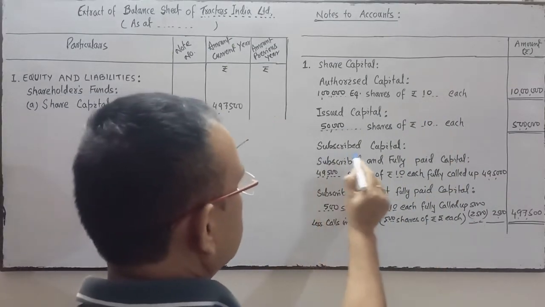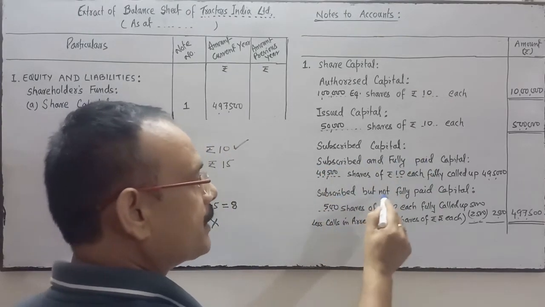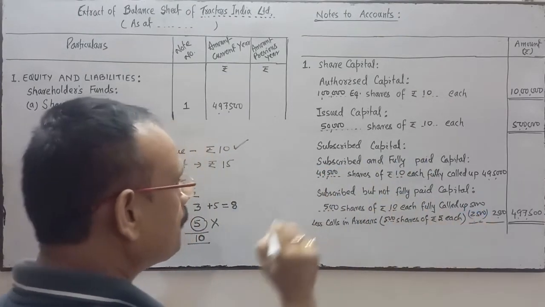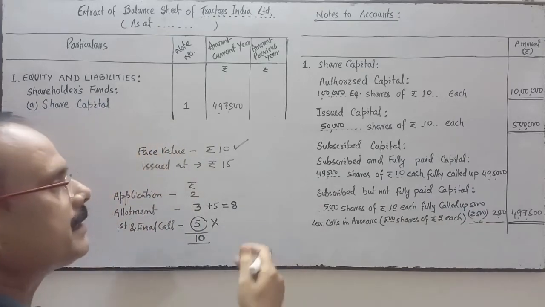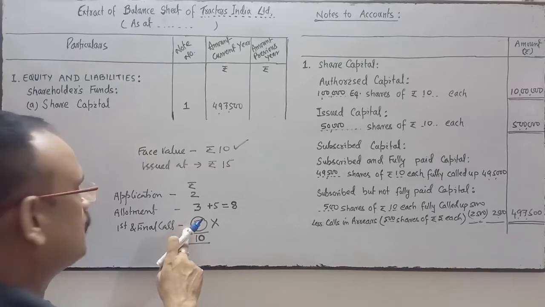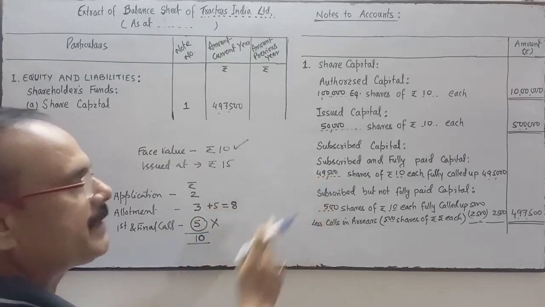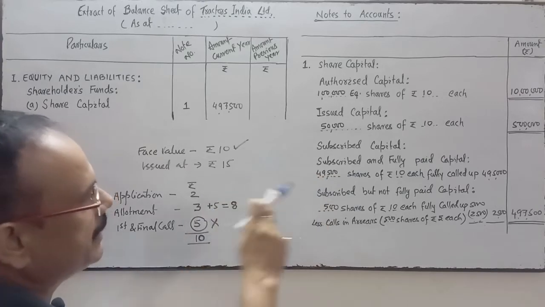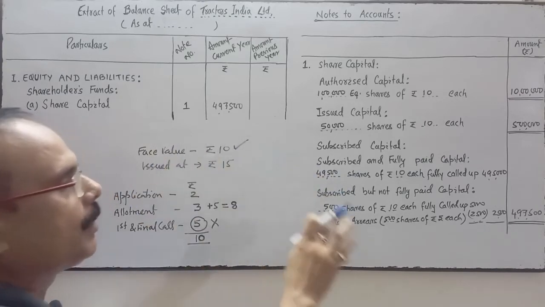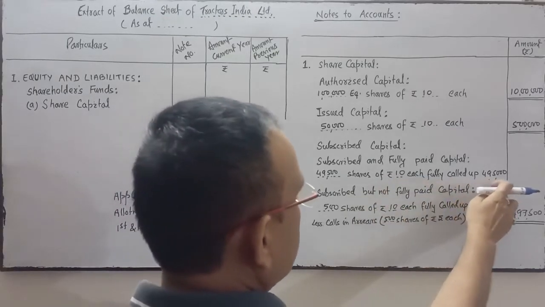Under subscribed capital there are two different heads: subscribed and fully paid, and subscribed but not fully paid. Out of 50,000 shares, 500 shares have 5 rupees per share unpaid on first and final call. For the rest, 49,500 shares, the company has received all the amounts, rupees 10 each.